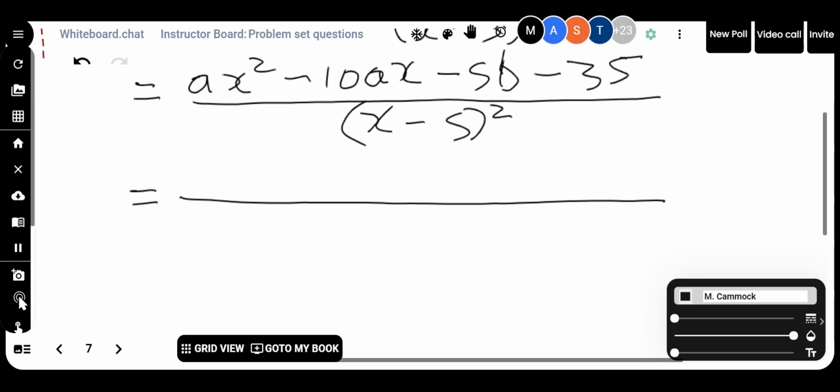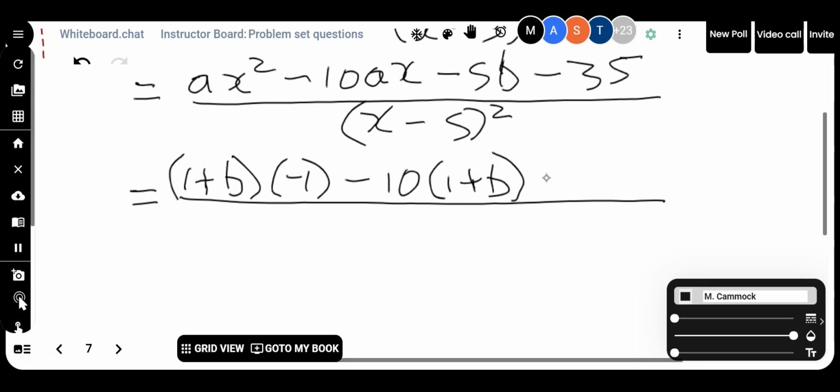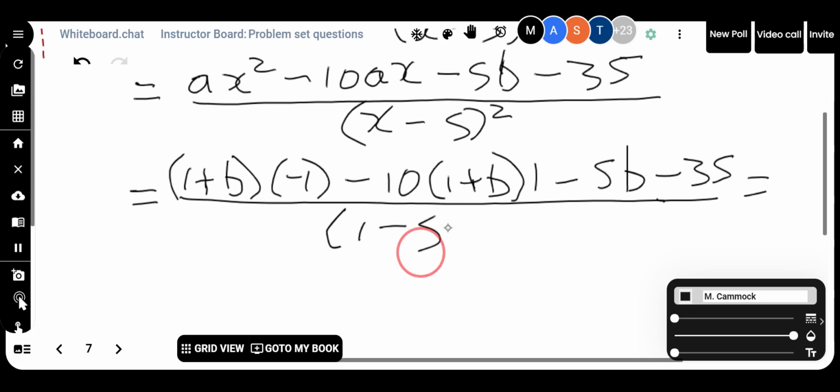So it's 1 plus b for the a, and minus 1 squared, because we're putting in minus 1, minus 10 times the 1 plus b again, times the 1, minus 5b, minus 35 is equal to, and over x minus 5, by the way, so 1 minus 5, I guess, is equal to 0.